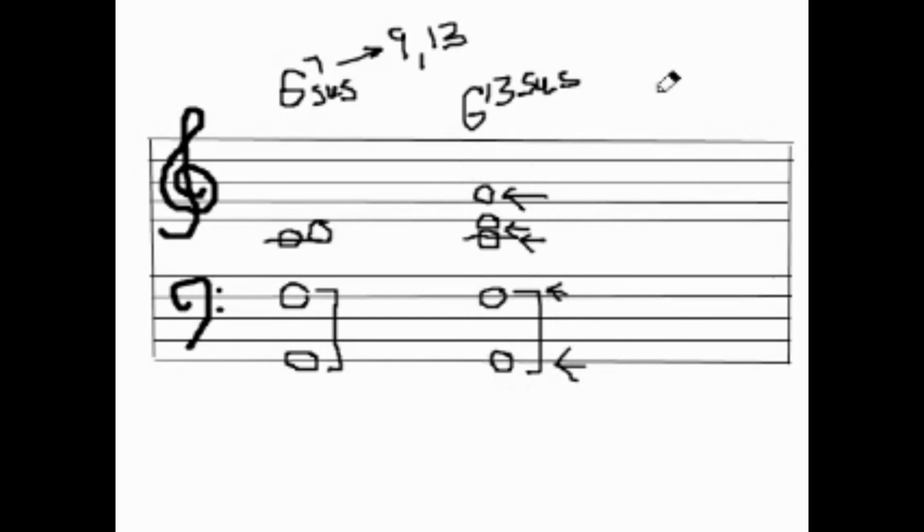A lot of times, before I leave you on this video, what you'll see in pop music is F over G. And if you think about it, it really is a G9 sus, this chord here.